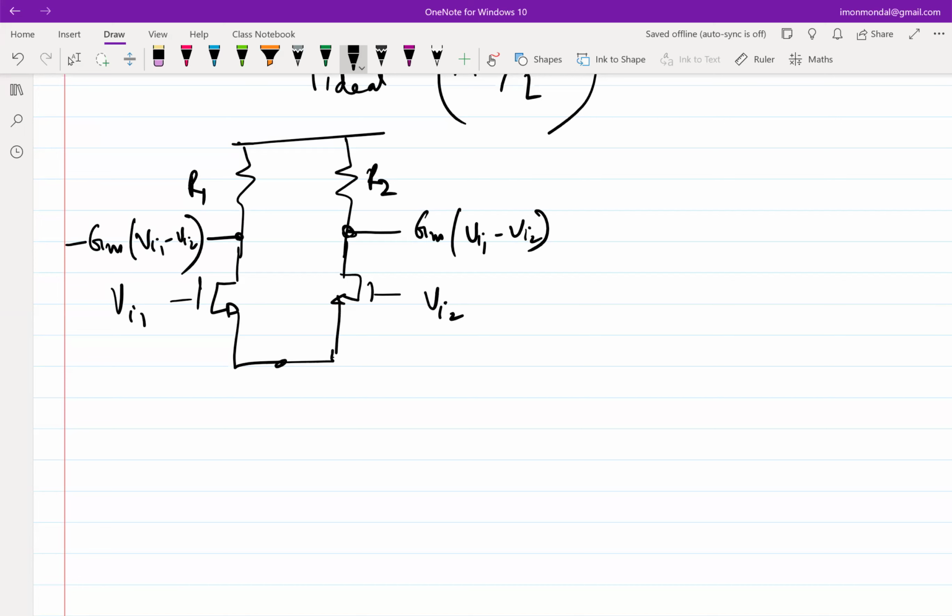So we did this analysis in the previous class. Then the next step, obviously, is to see how do I integrate this into the negative feedback loop.